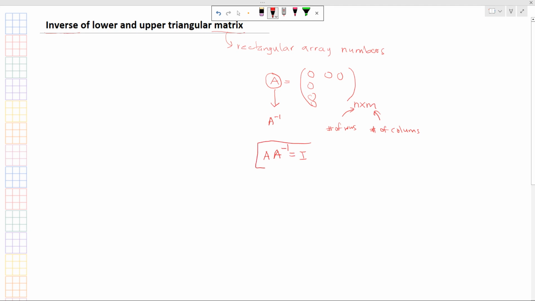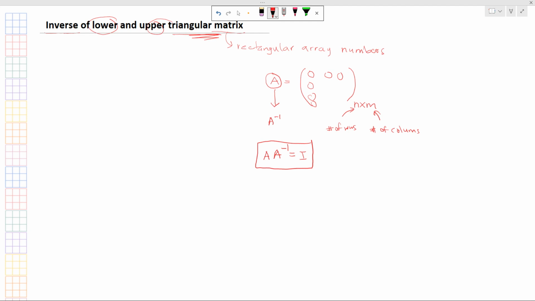This is the basic definition of A inverse. Now, we have the traditional way of finding the inverse of any matrix. Anyhow, I will be talking about an incredibly easy way, or shortcut, for finding the inverse of lower and upper triangular matrix. So now we have to see what a triangular matrix is.